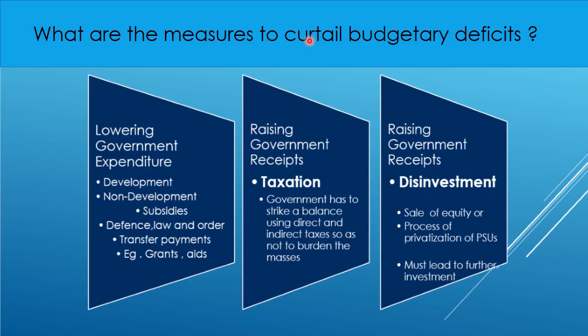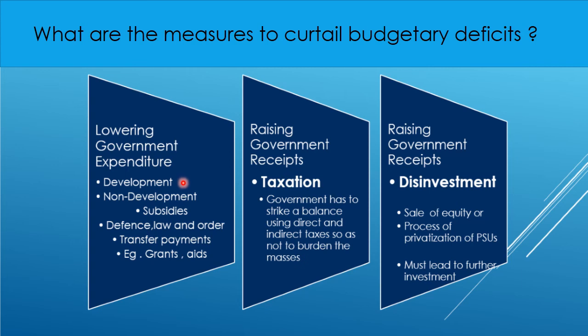What are the measures to curtail or control budgetary deficits? There are two measures. First one is lowering government expenditure, and the second one is raising government receipts. Lowering government expenditure: the government will try its best to reduce all unnecessary expenditure.